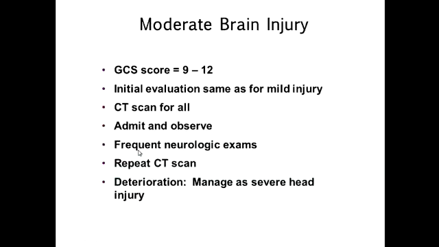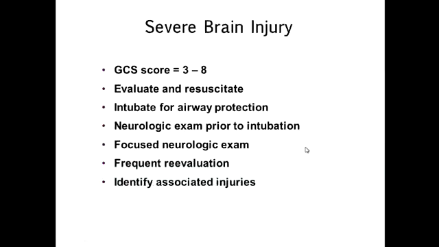During their admission, they receive frequent neurologic examinations and undergo repeat CT scanning to identify interval changes. Should a patient in this group develop deterioration, they are then managed as a severe injury and not a moderate injury.